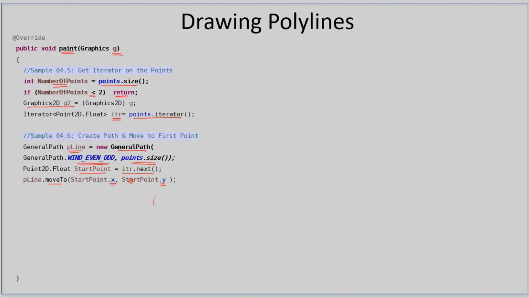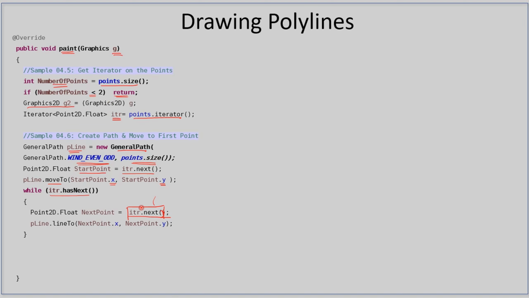That means here we are defining the start location of our general path. Next, we iterate through each and every point. The iterator.next call will give us the point. So here is the points collection, right?